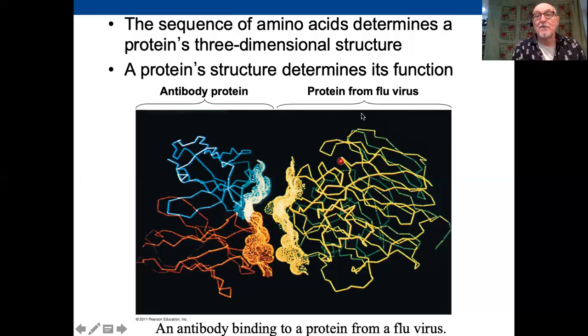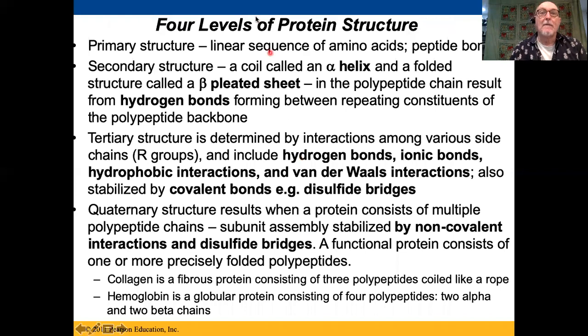And if this protein was attached to a virus, for example, all of the antibody binding to this protein on the surface of the virus would inactivate it and stop it from being able to infect cells. That is how this vaccine actually works and how the antibody works. So we need to ask the question then, how is it that the protein acquires its three-dimensional shape?